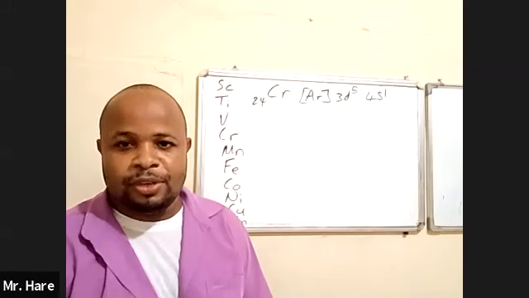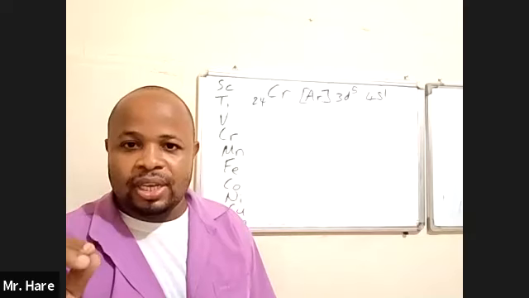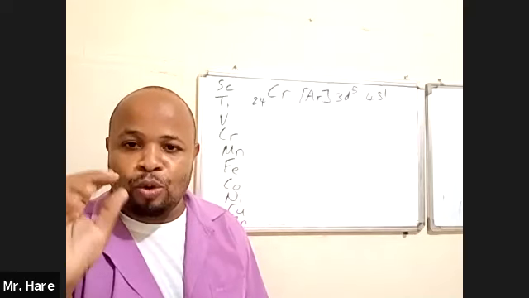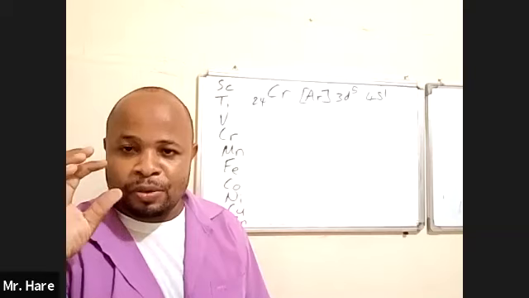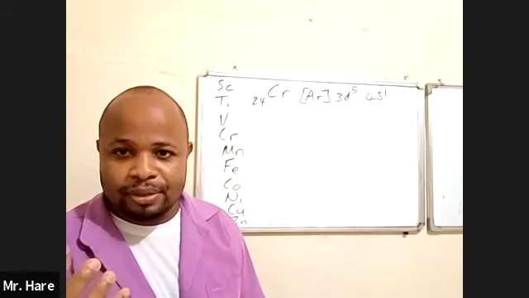You have a transition metal. It can bond with a specific compound. That compound has to have at least a lone pair, and we call it a ligand.